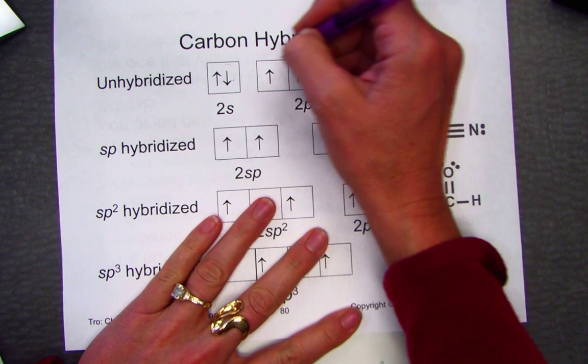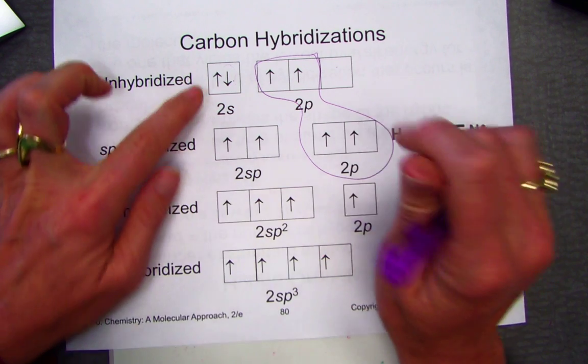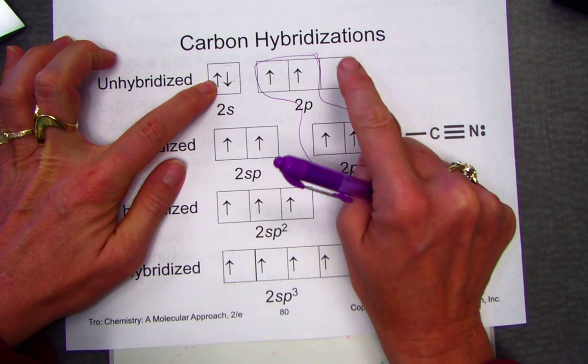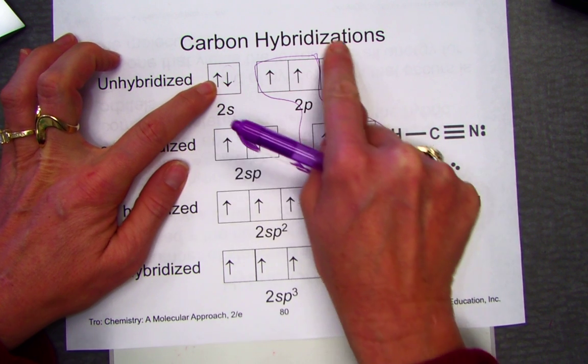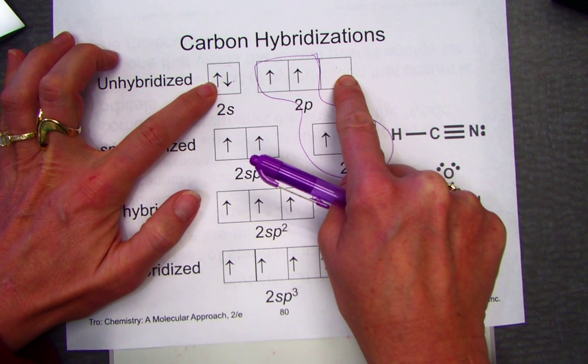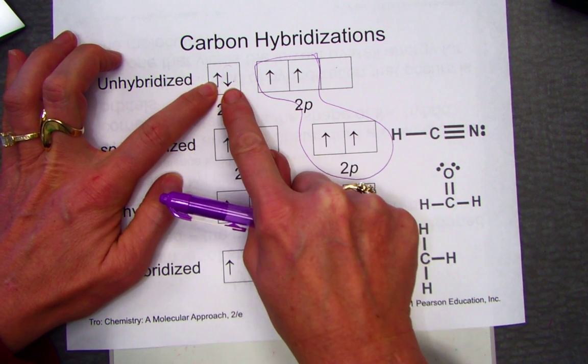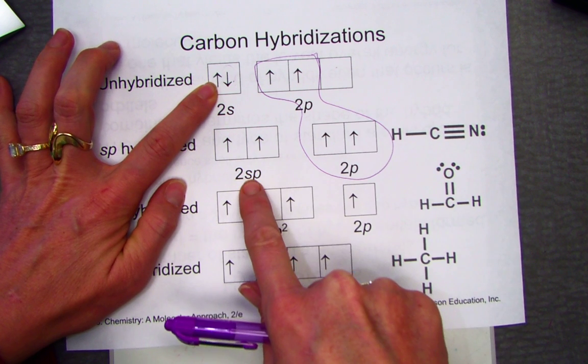The 2p orbitals are still this guy. Those are still the same. But I'm going to take this s orbital and combine it with this empty orbital. And when I promote this electron, I create two hybrid orbitals of equal energy. This becomes an sp orbital, and this becomes an sp orbital.